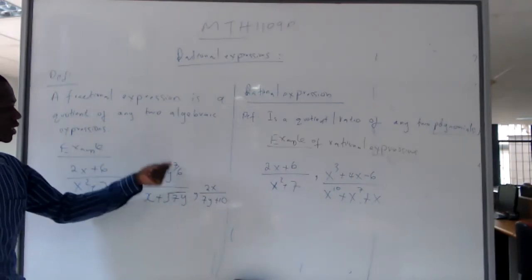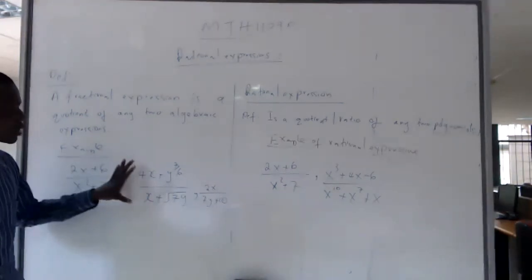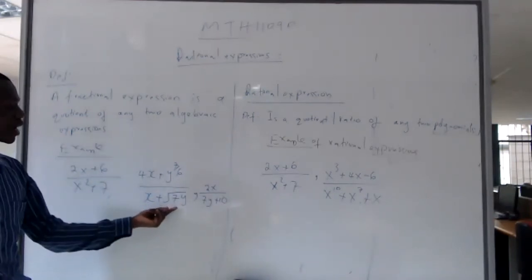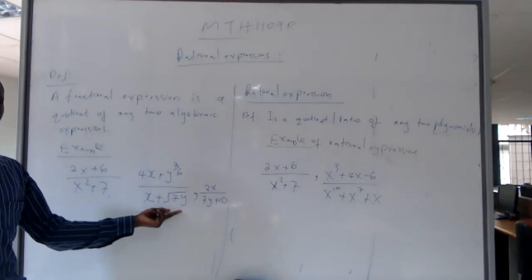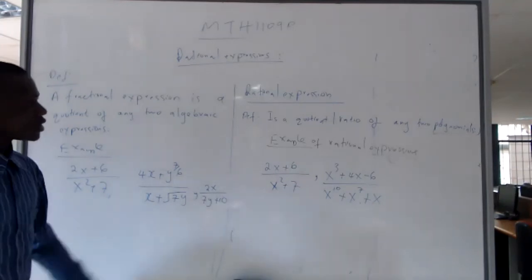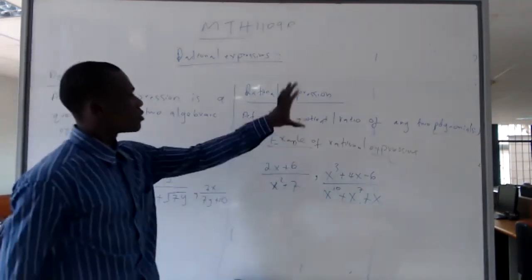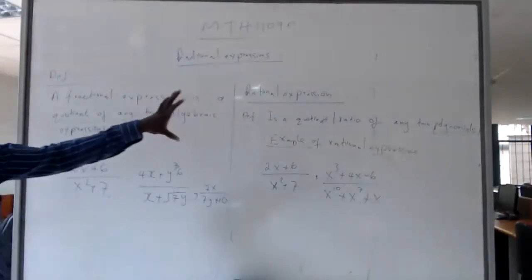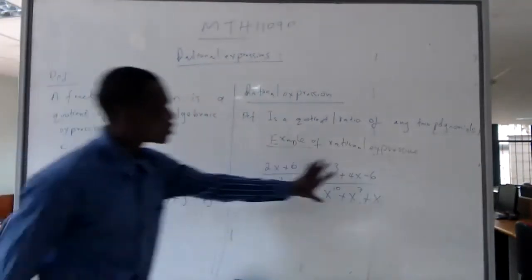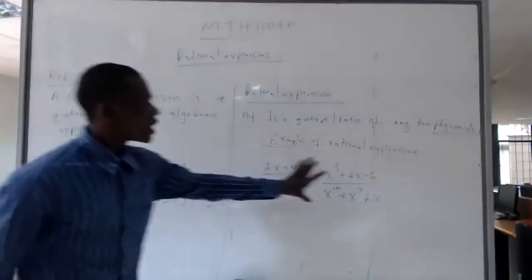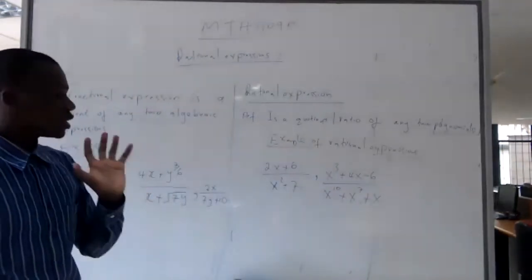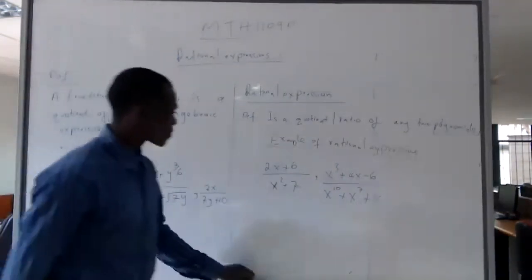And even in the denominator we have a square root, a y to the power of one half, which is not an integer. So here we will be dealing with expressions which are ratios of polynomials, strictly polynomials.